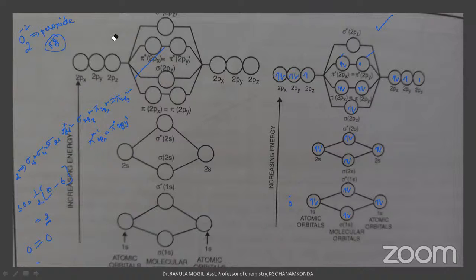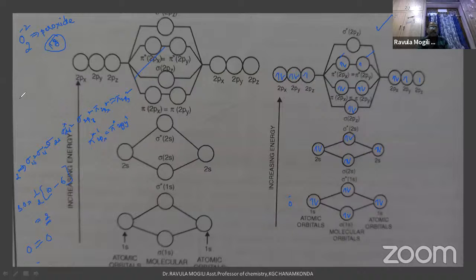How many electrons are there here? 18 electrons. For this is oxygen O minus. Here also oxygen O minus.